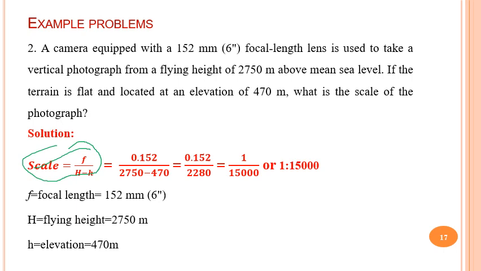Capital H is the flying height, 2750 meter, and small h is the elevation, 470 meter. We substitute all these values in the scale formula, first converting all values to the same unit, mm to meter, so meter and meter, and then we get the scale 1:15,000.